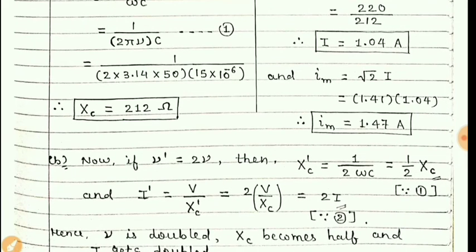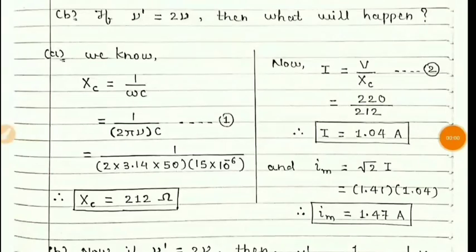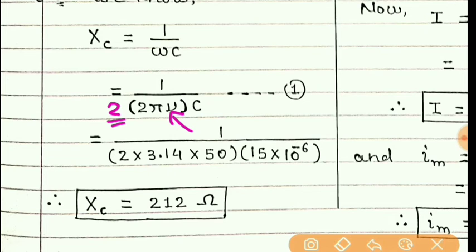Now part B. What will happen if the new frequency is double the given frequency? So students, in that case, as this frequency is double the earlier, we can multiply by 2 here, because it is twice nu.